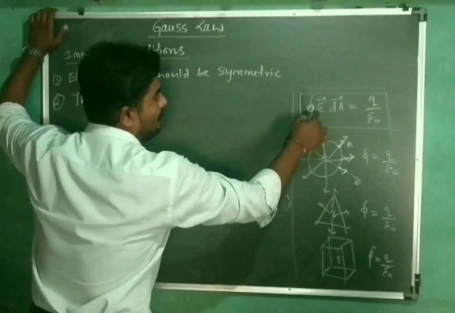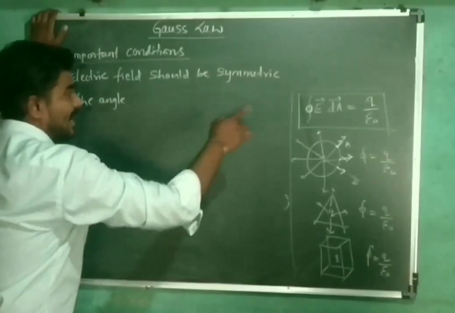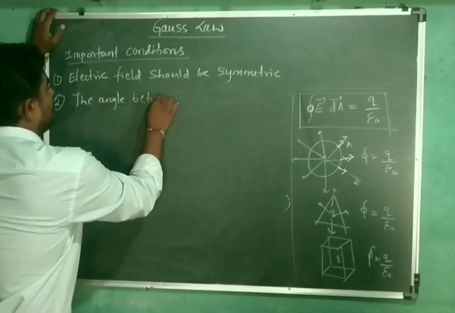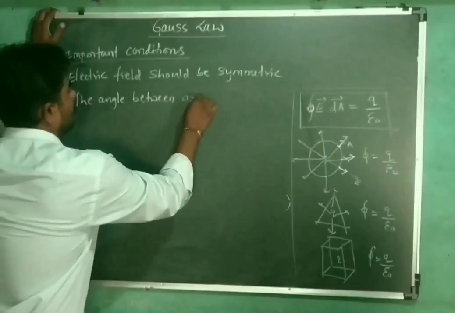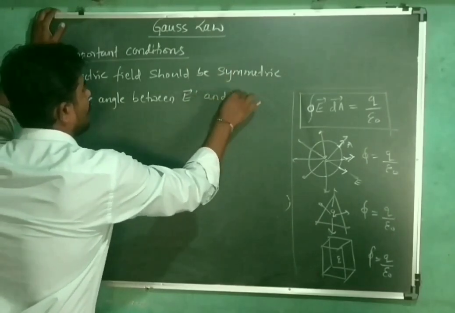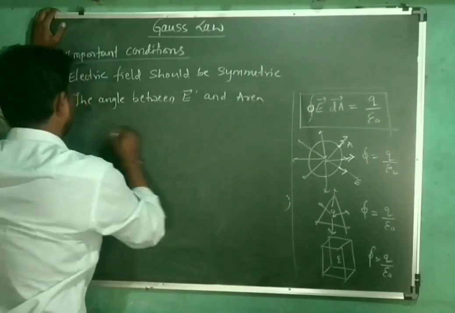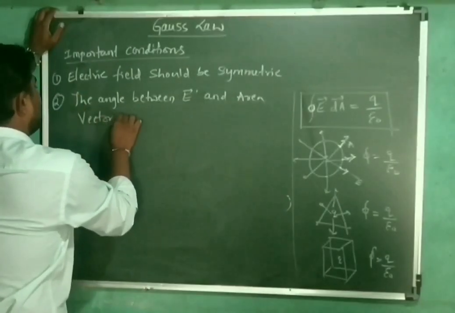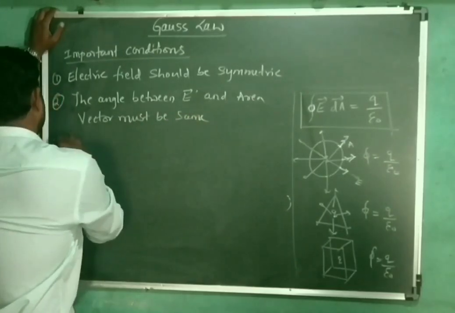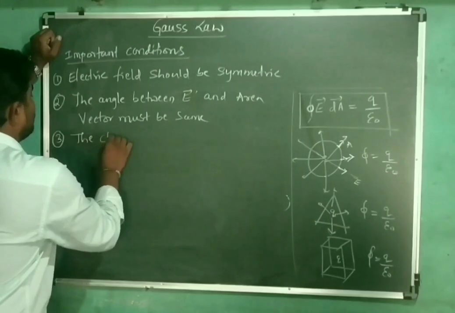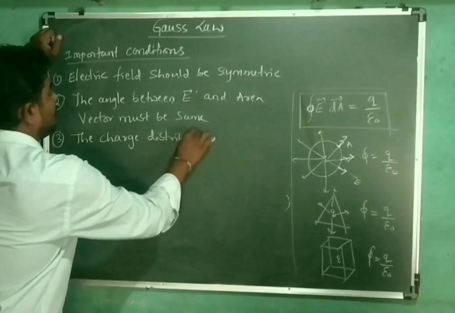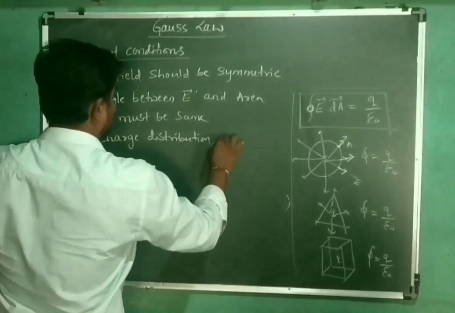If I write in magnitude form, E dA cos theta. Theta is the angle between E and A. The angle between electric field intensity and area vector must be the same. And the third point, the charge distribution should be symmetric.